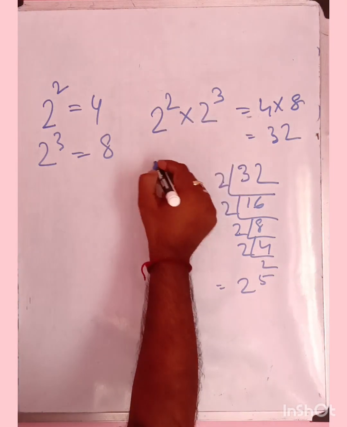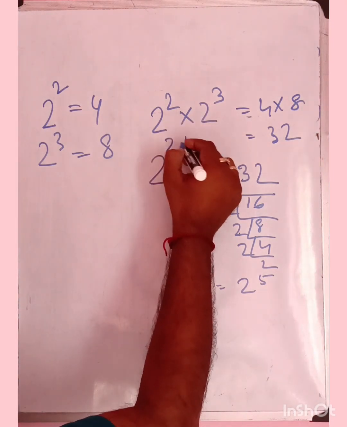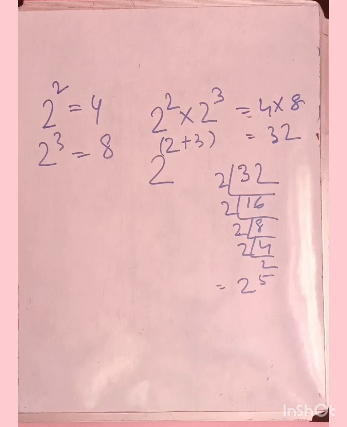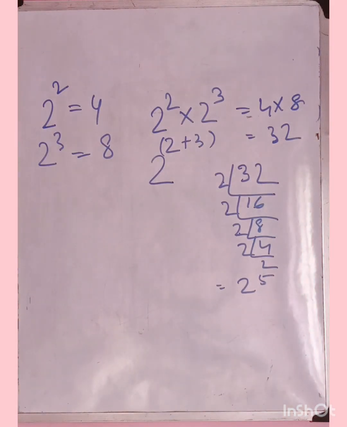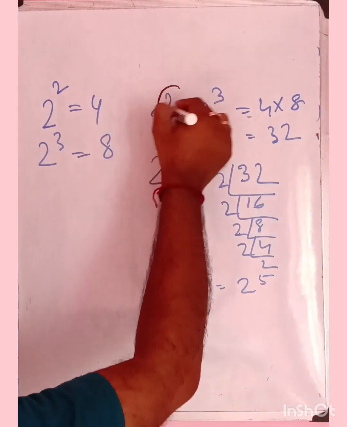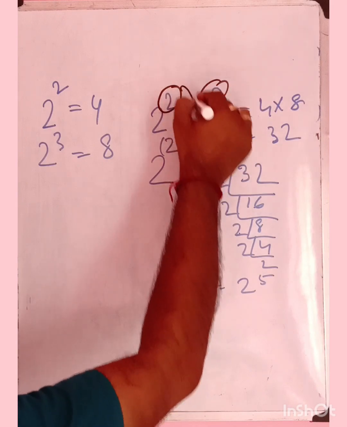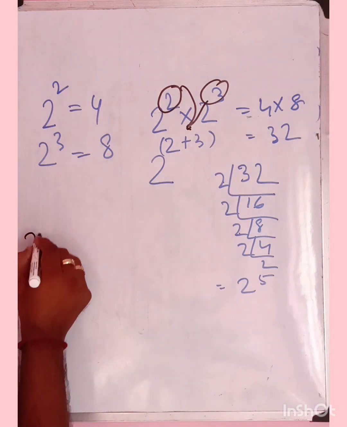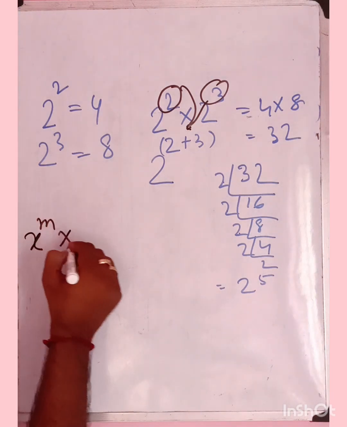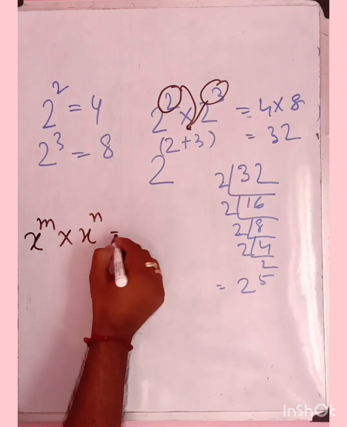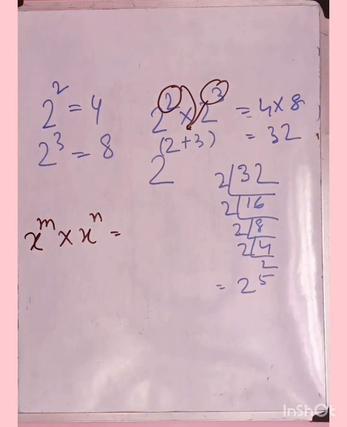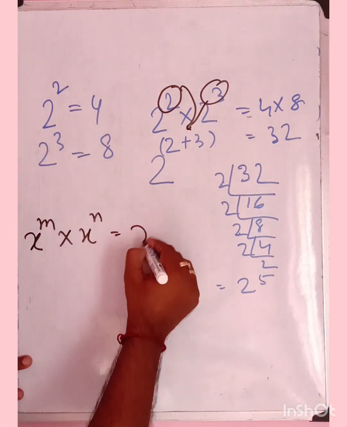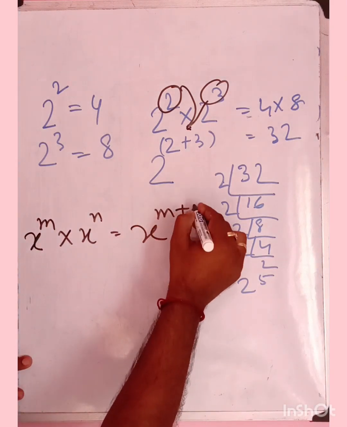So you see, it is nothing but addition of the powers. They are added. Okay? So the conclusion is x to the power m into x to the power n, where x is the same base and m and n are different powers, the result is x to the power m plus n.